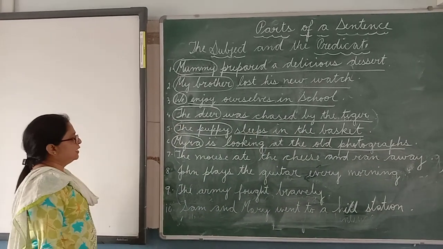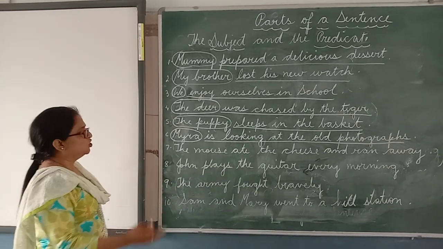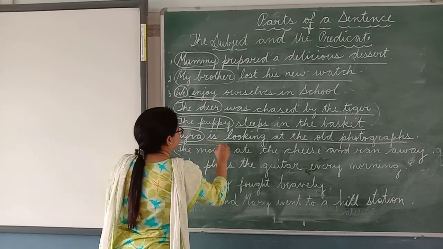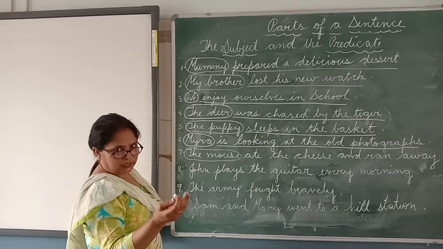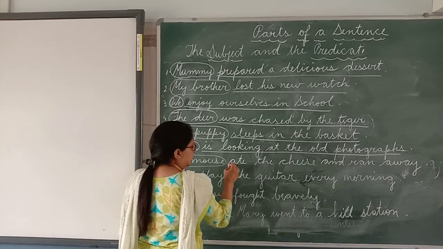Number 7. The mouse ate the cheese and ran away. Here the mouse is the subject. So we are going to circle it. Ate the cheese and ran away is the predicate, that is verb plus rest of the sentence. Ate is the verb here.